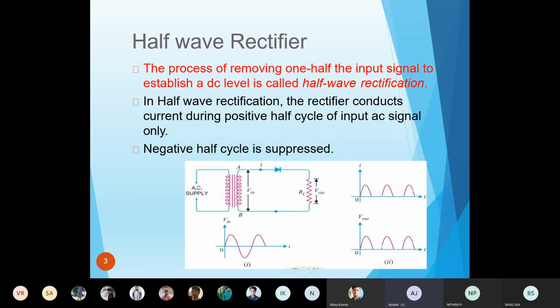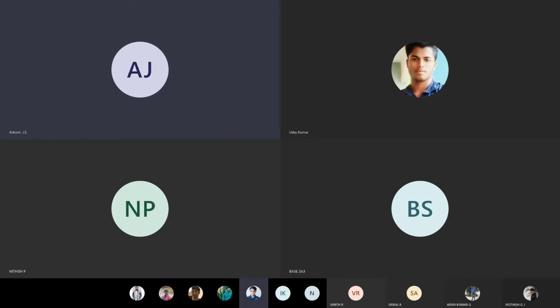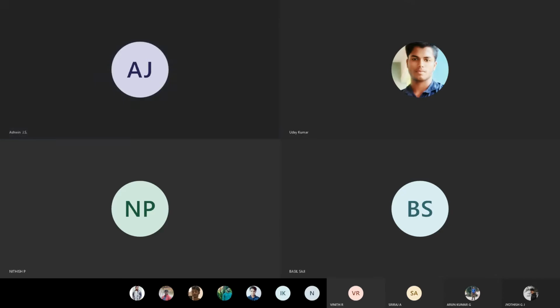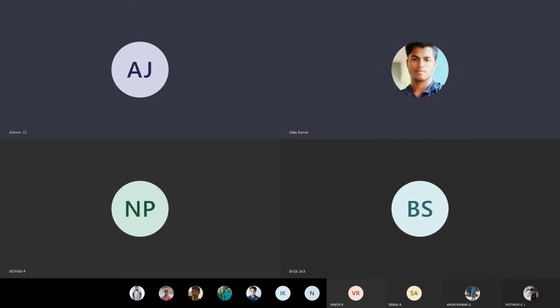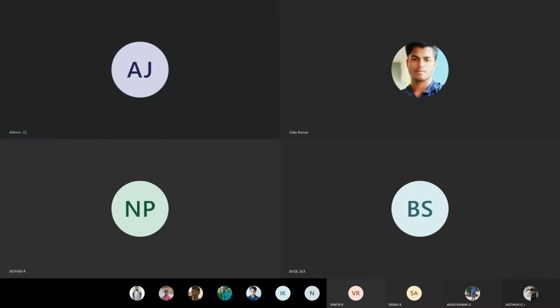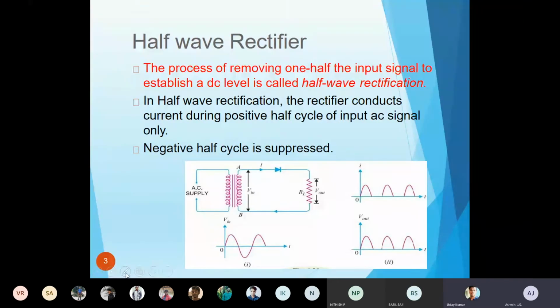Guys, does that look like DC? No, sir, it's AC. AC in the sense alternating current, alternating from positive to negative. Let me explain.